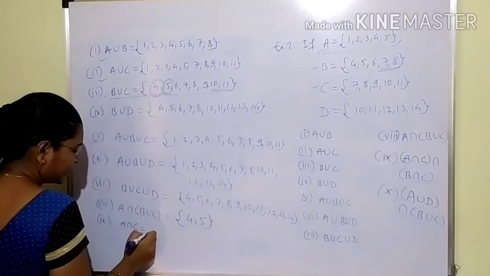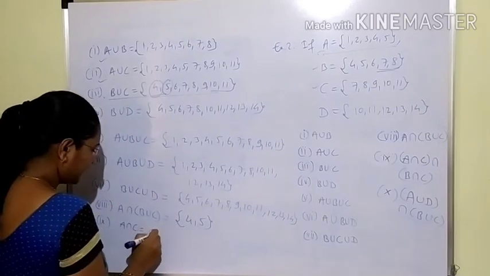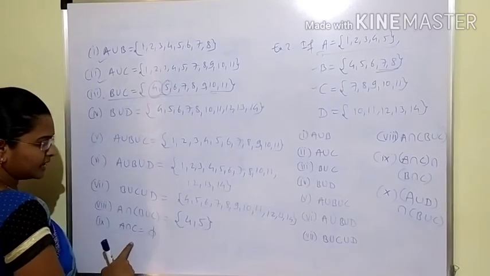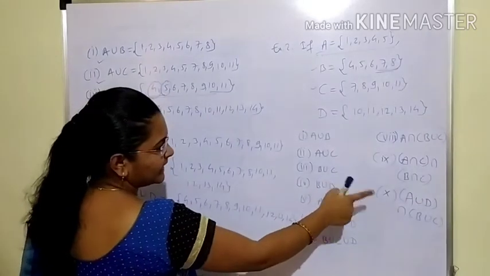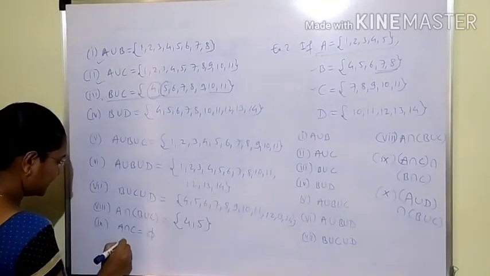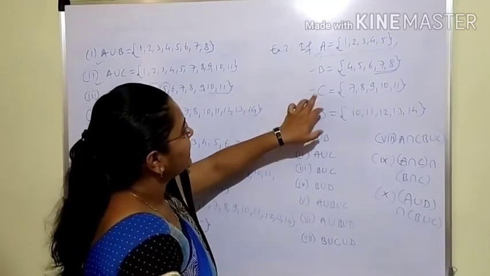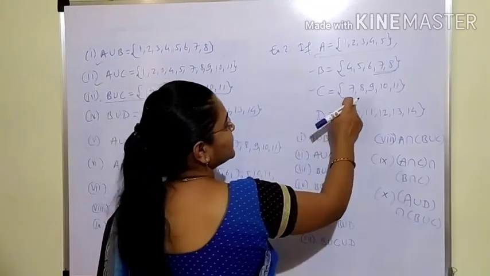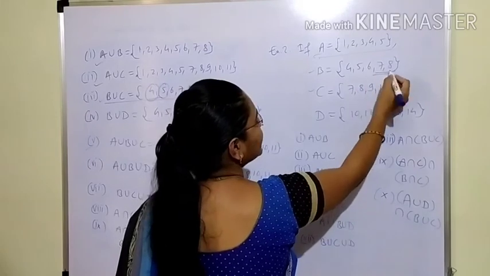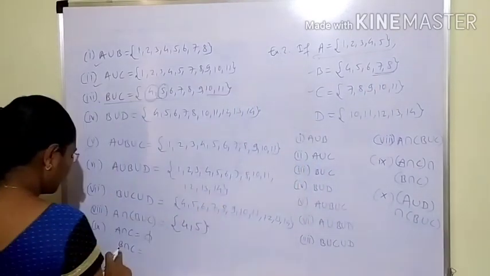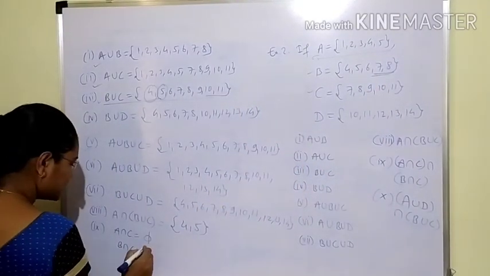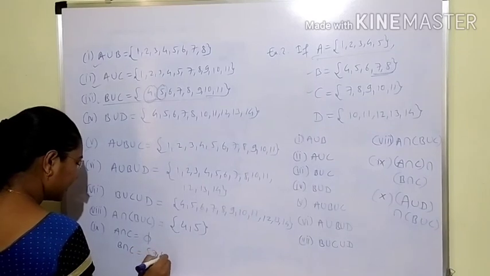So A intersection C will be an empty set. Now B intersection C. We have both the sets B and C. So in their intersection only 2 elements will be there, that are 7 and 8. So B intersection C will have only 7 and 8.